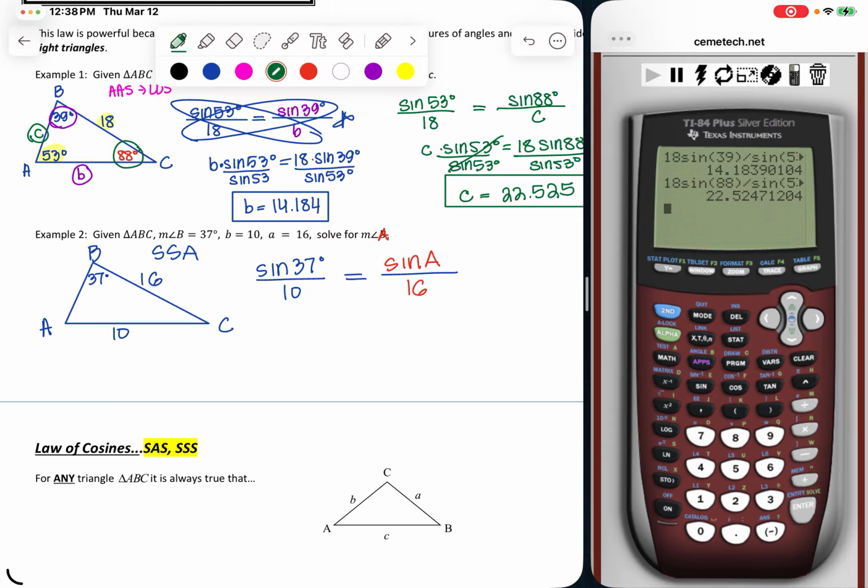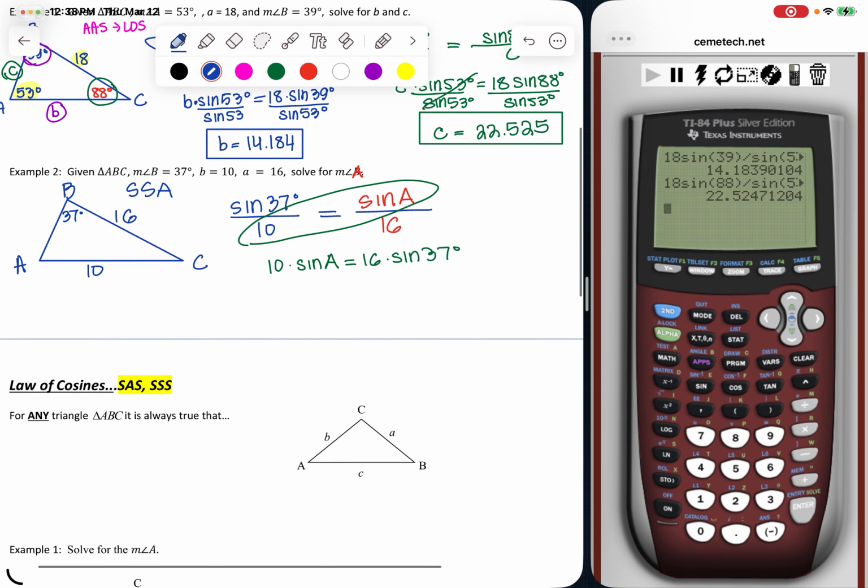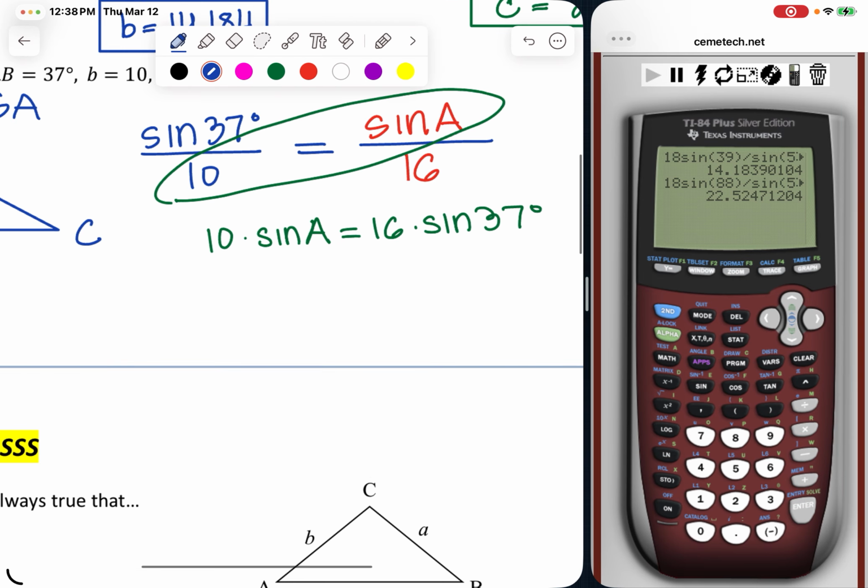All right, let's cross multiply and see what we get. So we have 10 times the sine of angle A is equal to 16 times the sine of 37 degrees. We need to get angle A by itself.